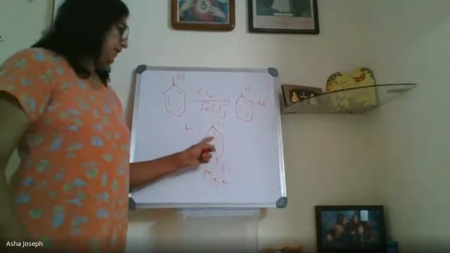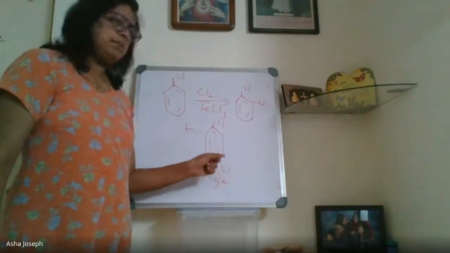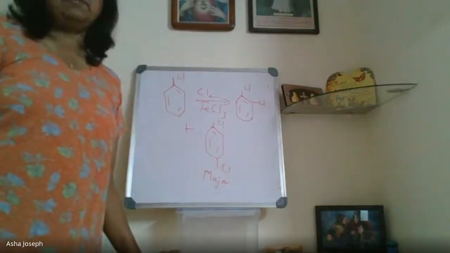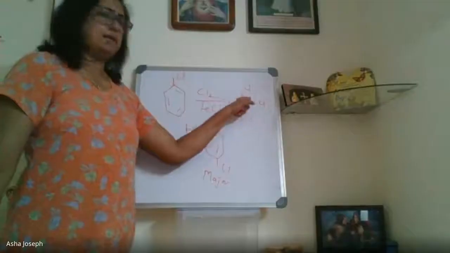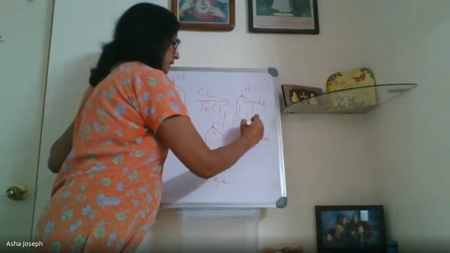Because see here, it is away from this chlorine, so this will be produced more. Always para will be major, so the repulsion will be less. Closer, no? That is the minor product, and the name is 1,2-dichlorobenzene.